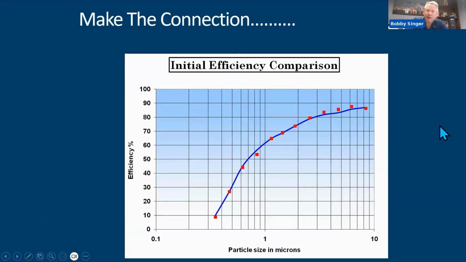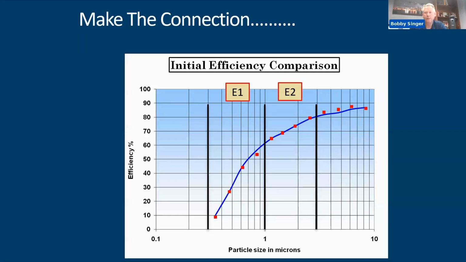All right. Another thing I want to point out is making the connection. Based on your application, you can look at this in different ways. We mentioned E1, E2, E3. So there's our E1, 0.3 to 1, 1 to 3, and then 3 to 10. So if I'm in an application where I'm selling to a hospital or I'm buying for a hospital, I might want to pay a lot of attention to E1.